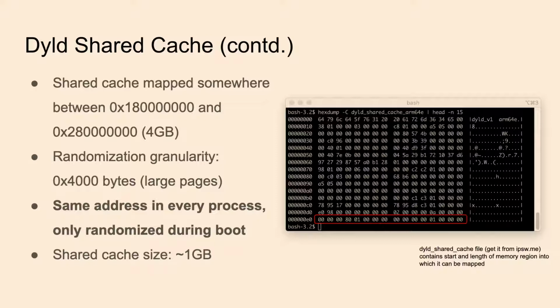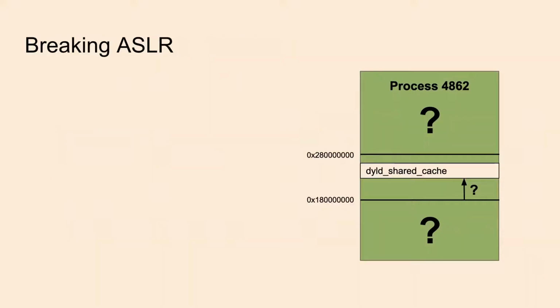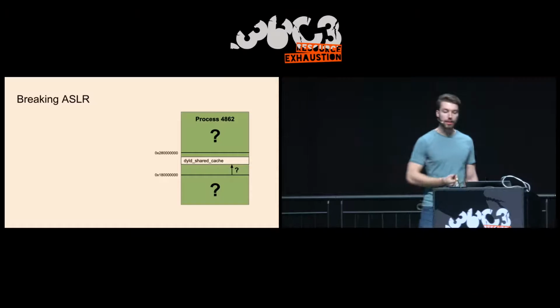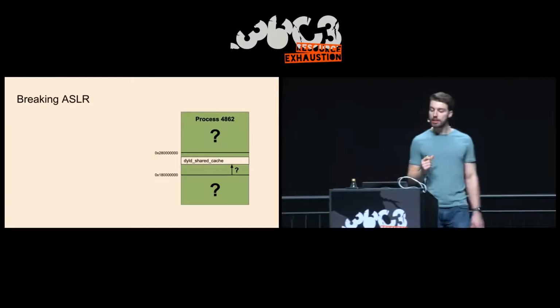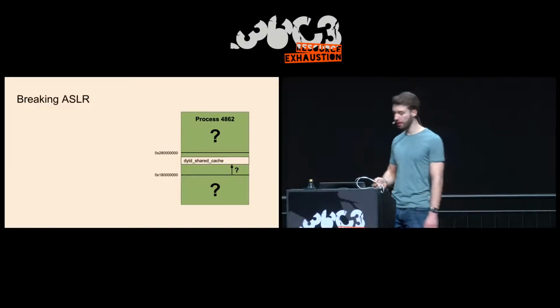And that makes it really interesting. And also it's 1 GB in size. It's gigantic, so it's not too hard to find in this 4 GB region. Right, so this is what our task has boiled down to at this point. We have this address range, we have the shared cache, and all we need to know now is what this offset is.